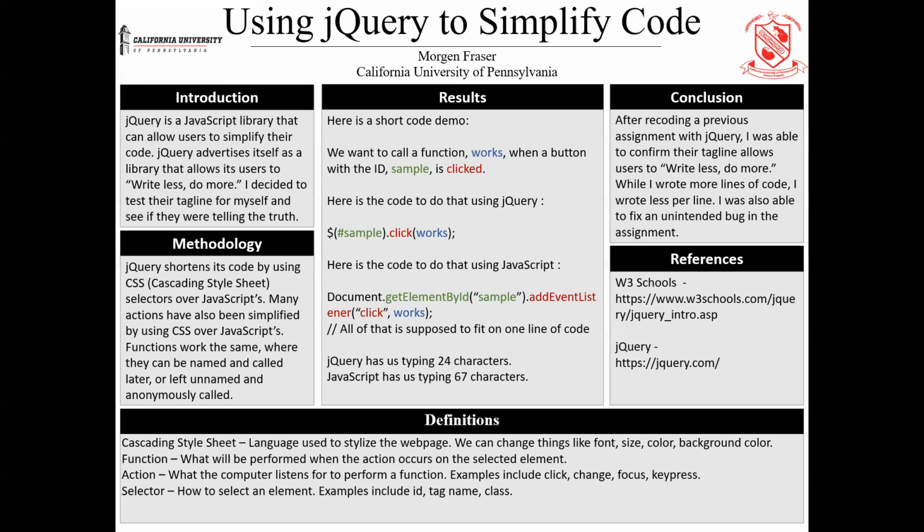Both jQuery and JavaScript end their lines of code with a semicolon to signify that it is the end of that command. In the end, jQuery had us typing 24 characters, while JavaScript had us typing 67 characters. Both lines of code accomplish the exact same thing.